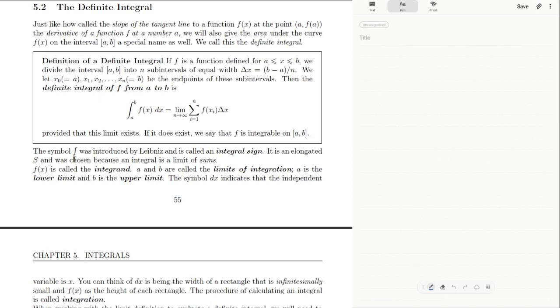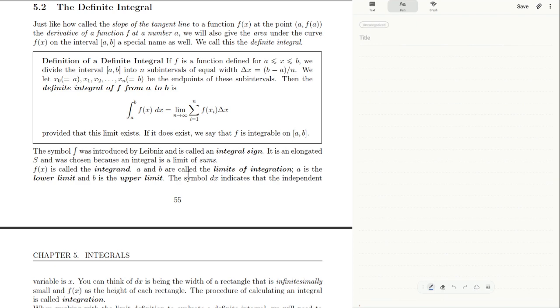Now this squiggly symbol is called the integral sign, and it's an elongated s, and it's chosen because the integral is the limit of sums. Now f of x is called the integrand. a and b are called the limits of integration, where a is the lower limit and b is the upper limit.